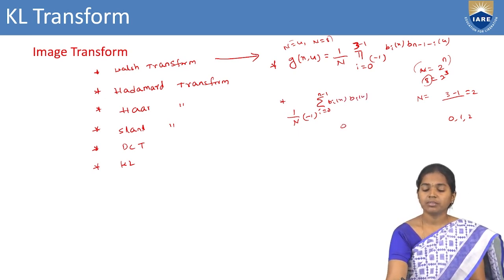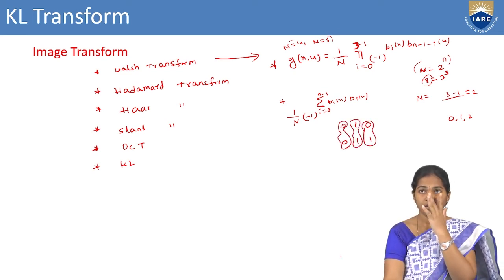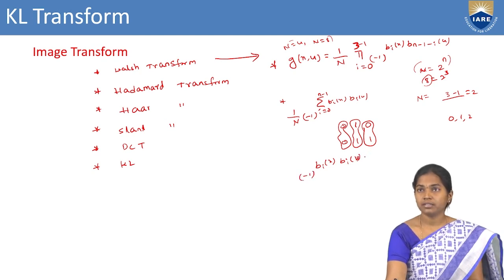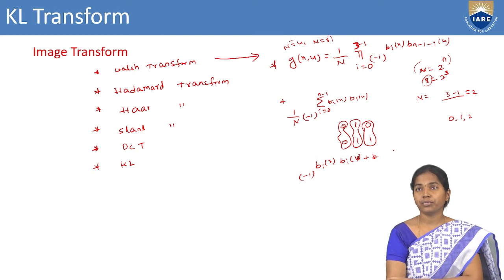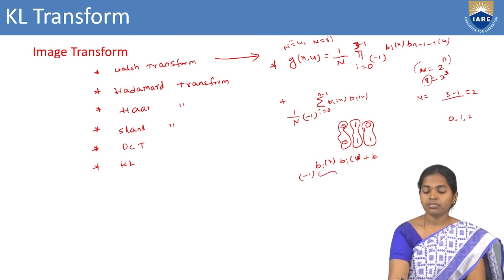So what is a shortcut method? For example 0, 1, 0, 0, 1, 1. When we go for Hadamard transform, multiply b I of x into b I of u, minus 1 power, plus here also b I of x into b I of u. In this case, what is the I value? In first case, consider I equals to 0.